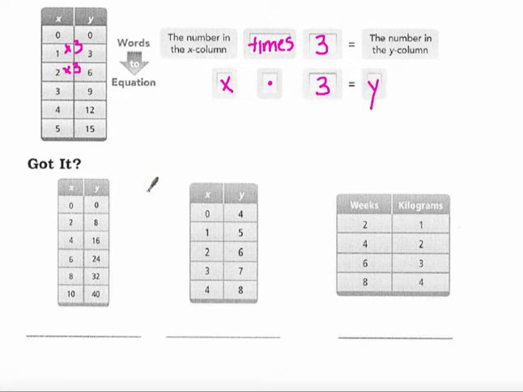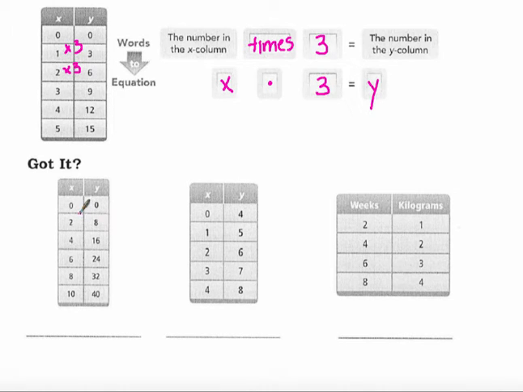Okay, so let's look at a couple other tables. In this table I have my X and my Y column. The top two are 0, so I can't tell a lot from that. If I look at the next row, I have 2 and 8. I know that I can go from 2 to 8 by adding 6. So let's go down a row and check. 4 plus 6 would be 10, so that's not going to work. How else can I get from 2 to 8?